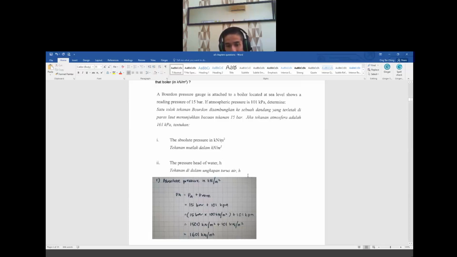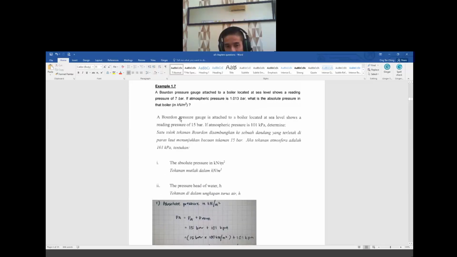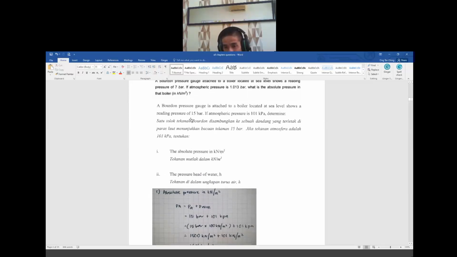Any other question, please? Okay, from the second part here, you need to determine the pressure head of the water, H. What is the depth that will be equivalent to the pressure? So you see, in your question you have a lot of pressures to consider, right? You have a gauge pressure, you have an atmospheric pressure, you have the absolute pressure.